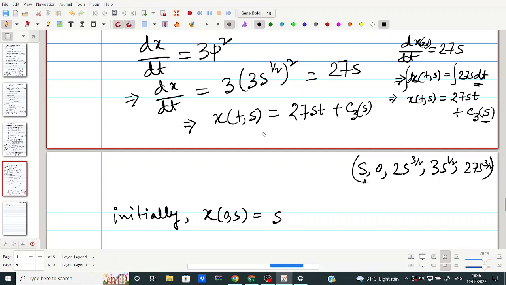So let the tangent direction be (A, B, C). So the dot product with this normal direction at s will be equal to 0, right? So what you get is 3A plus 27B minus C equal to 0, right? Now you have to check the options for which this (A, B, C) satisfies this relation.